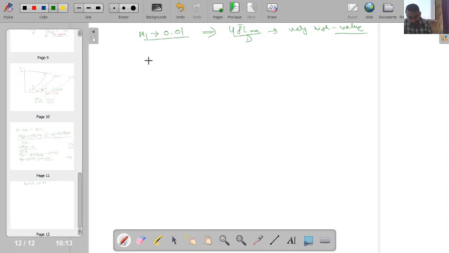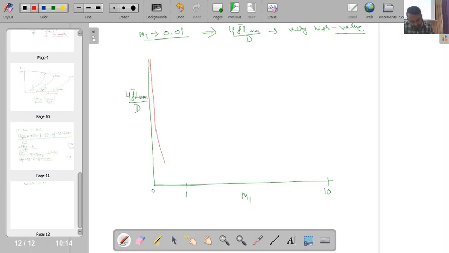Okay, so from here we get one interesting curve, 4f bar L max by D versus upstream Mach number M1. Say this is my Mach number 0, then I will have values increasing. Say this is Mach number equal to 1, and this is say Mach number as high as 10. So what I will find here is a very high value of 4f bar L max by D, and this value will keep on decreasing.